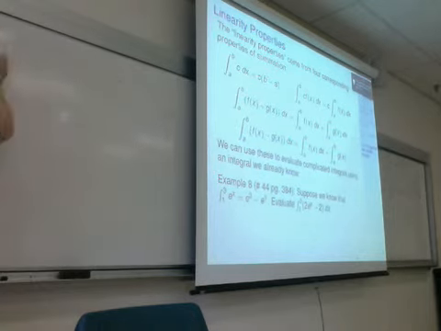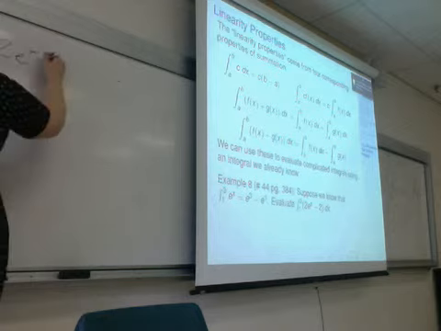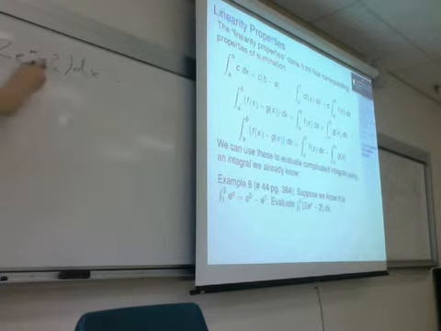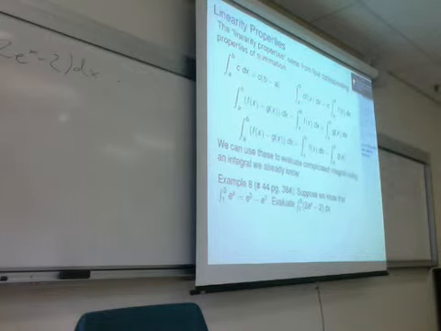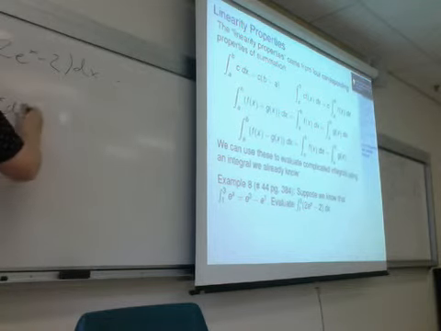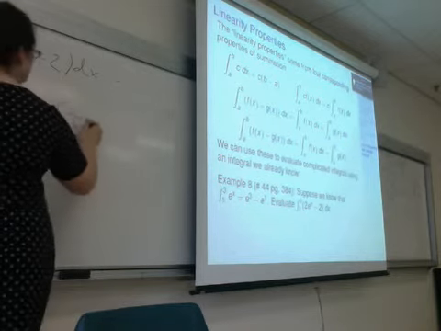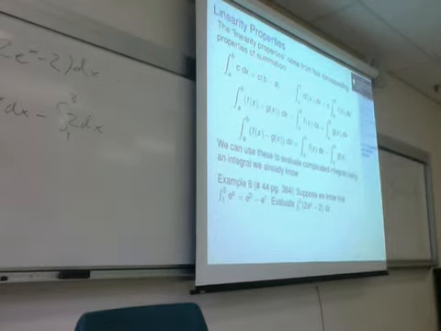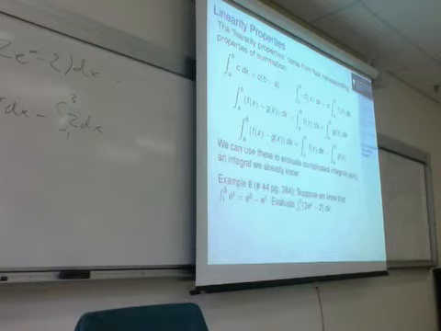If we want to take the integral from 1 to 3 of 2e to the x minus 2, we can say, okay, we've got something minus something else, we can integrate them separately. This one, we can pull that 2 out front.